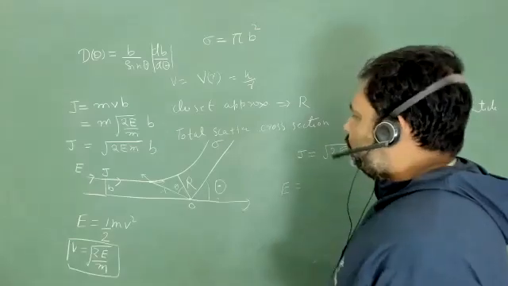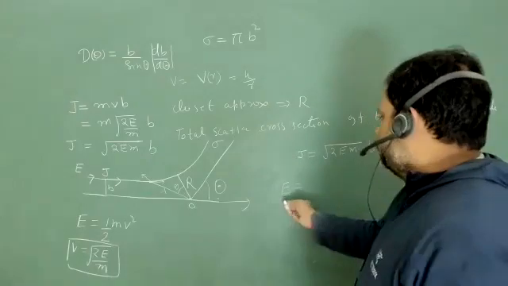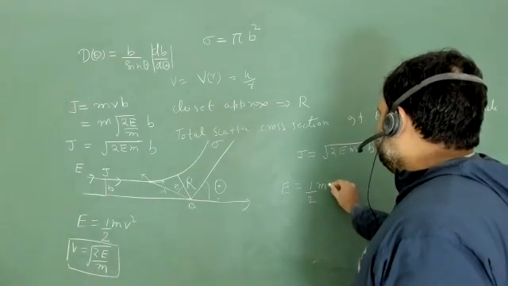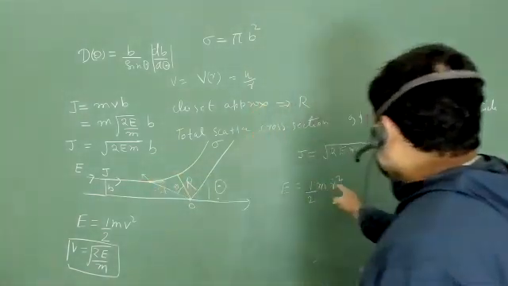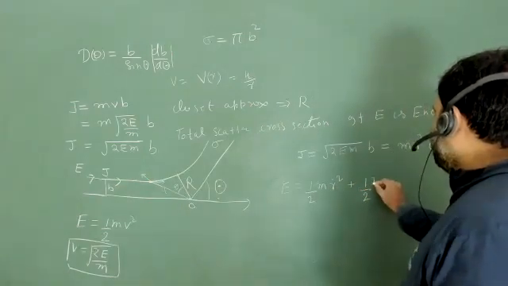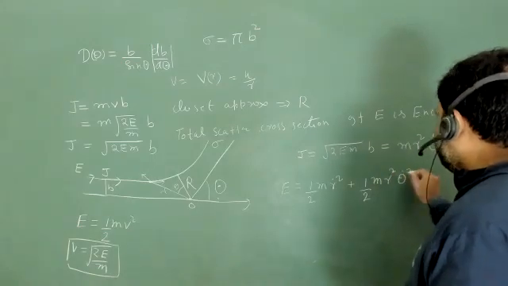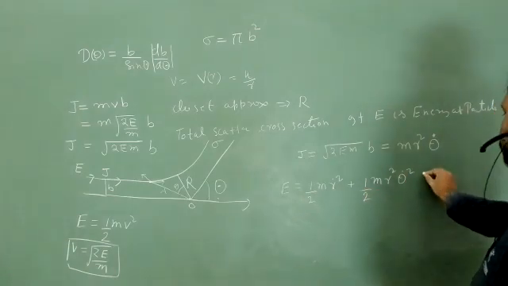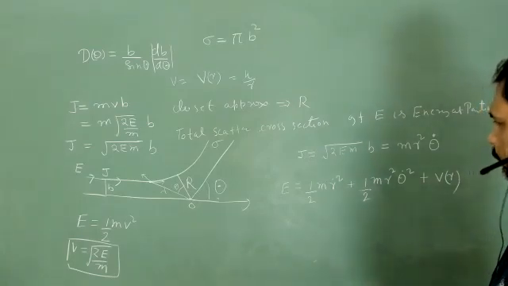My total energy of the system in this region will be divided into two parts: half mṙ² at some particular r, plus half mr²θ̇². This is translational kinetic energy, this is rotational kinetic energy, plus potential energy V(r). Can I write this thing?